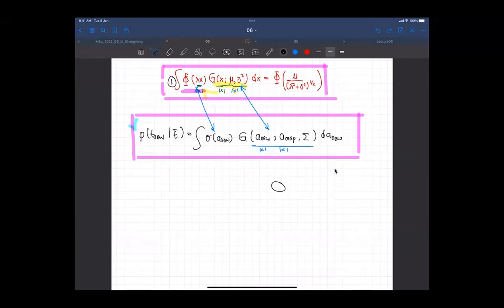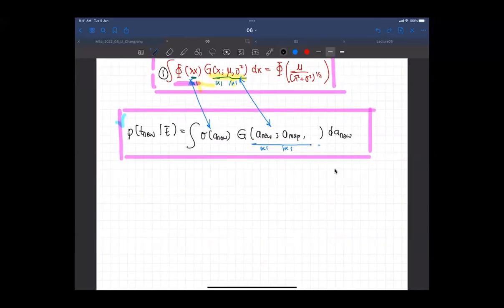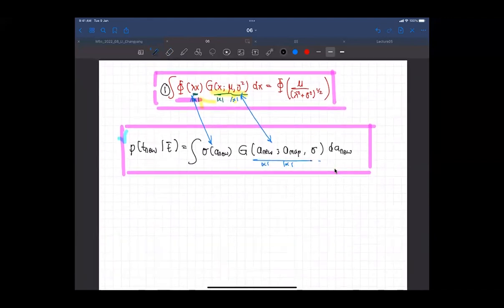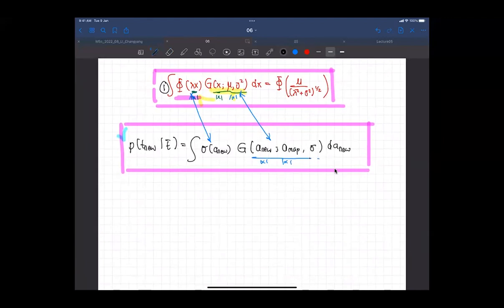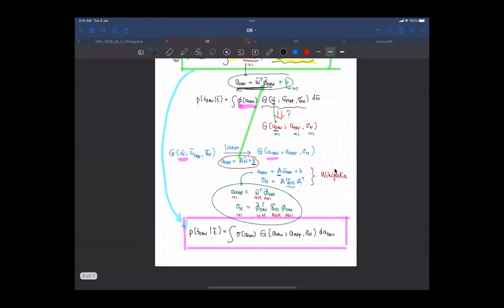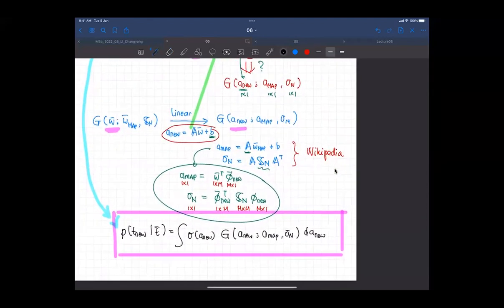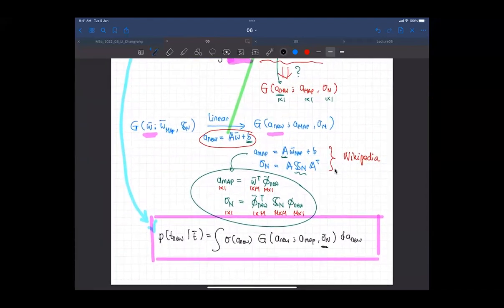Oh, you mean capital sigma cannot be one by one? Yeah, covariance. Okay, so what do you want? I don't know, I have already used many variables. The top sigma square, the bottom sigma without square. So let the square go. Sorry, can you say it again? I can't hear you. I use sigma n here, right?